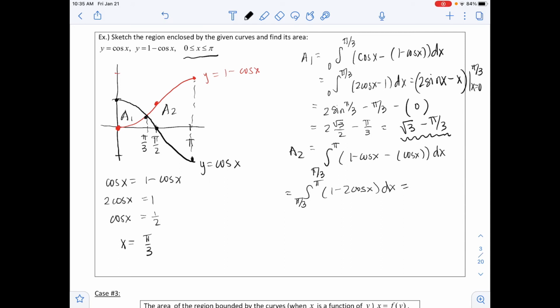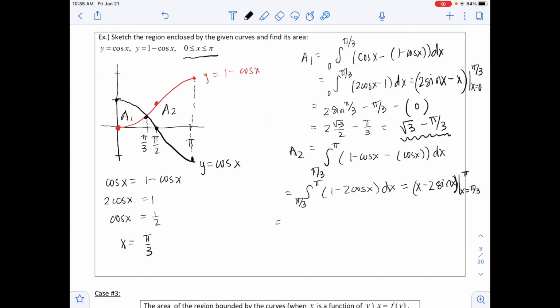Integral of 1 would be x minus 2 times the integral of cosine, which is going to be sine of x. Evaluated this whole thing from x equals pi over 3 to pi.